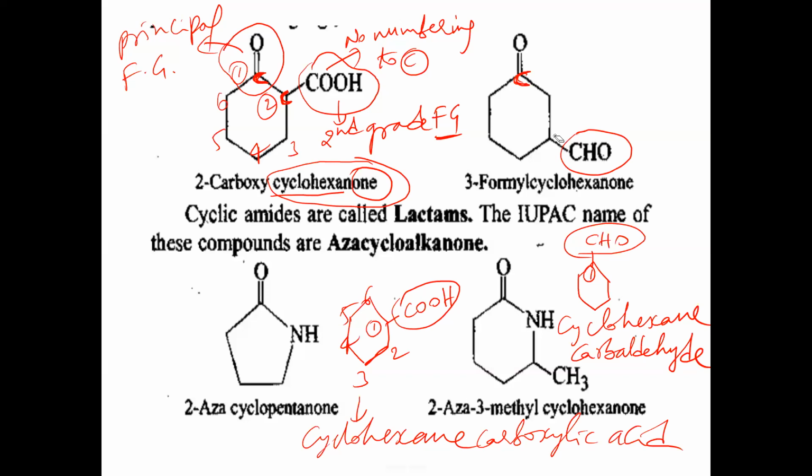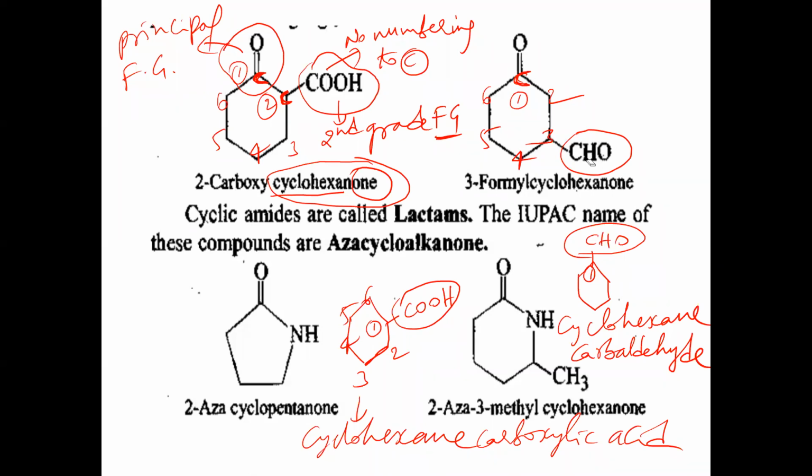Here in this case, number 1 should be given to this ketone, remember. Then second position, third, fourth, fifth, sixth. Now the first carbon is having the ketone, that is 1-one. And also this third carbon is bearing the CHO group.